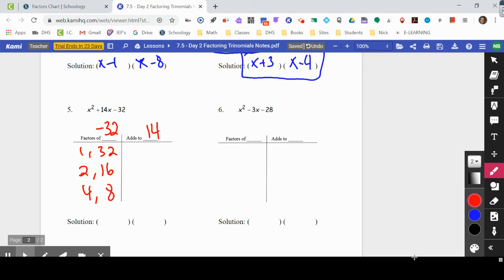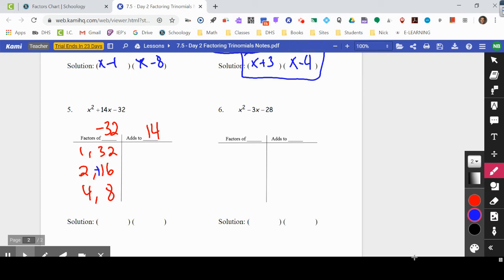All right, so now I've got to find which combination gets me to a positive 14. Well, 4 and 8, nope. Okay, here we go, the 2 and the 16. All right, except one of these needs to be negative and one needs to be positive, because when I multiply, I've got to get back to a negative number here, right? And I want to add to a positive 14.